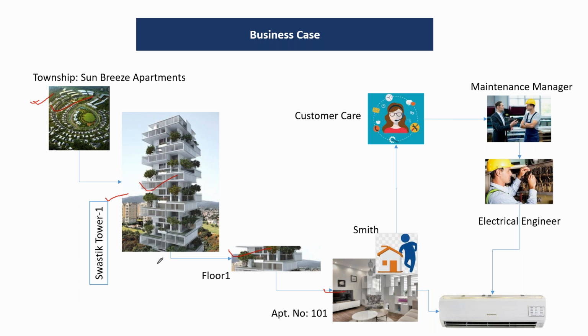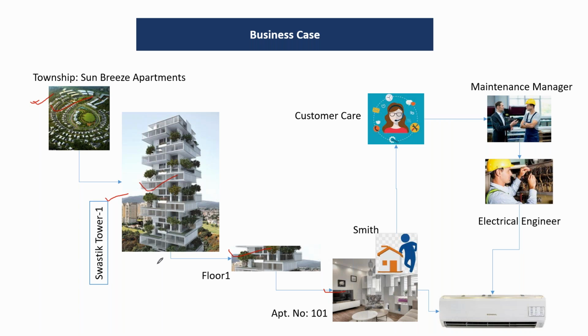So here the maintenance manager is allocating a particular resource, let's say an electrical engineer. Then the electrical engineer will get a workflow or an SMS to work on this particular area. He will visit the site and see that everything is fine. Maybe some plug was loose, or some electricity issue was there. If no further cost is involved, the electrical engineer will repair it at the same time and inform the tenant that everything is fine and they can check.